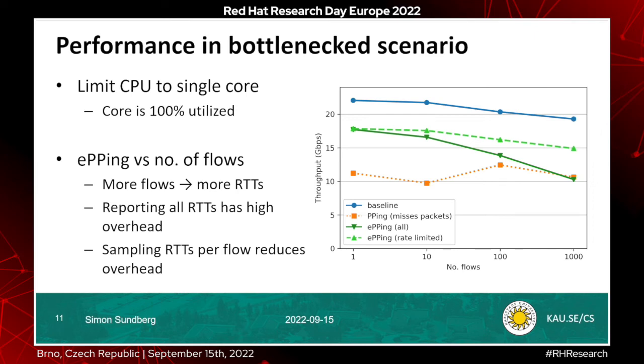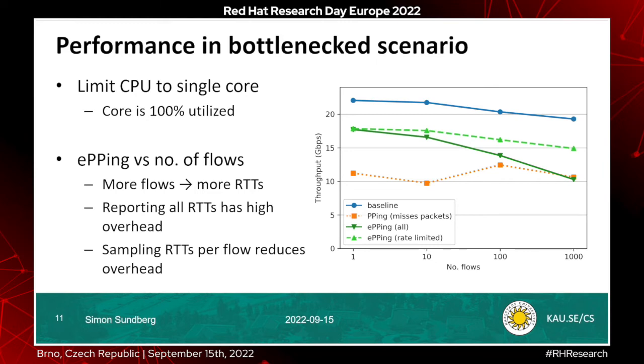So I'm running out of time here, but just briefly, we then also actually moved the bottleneck to this middle box by restraining it to using a single CPU. So now this middle box that is busy forwarding the traffic is already running at 100%, just forwarding it.